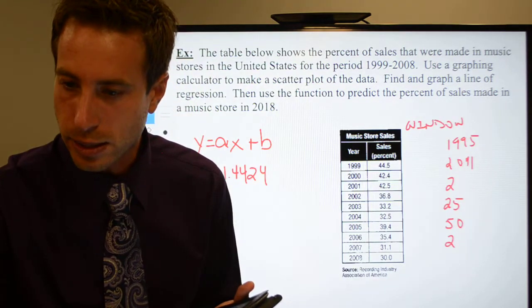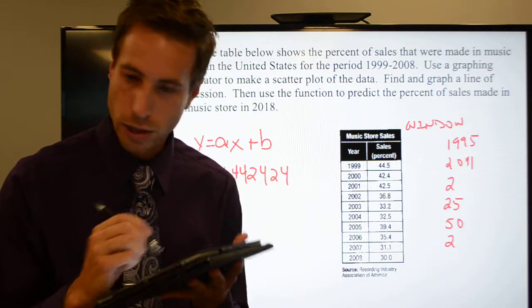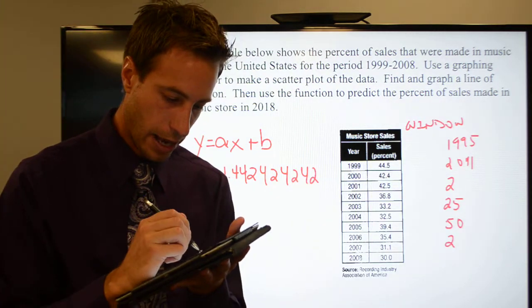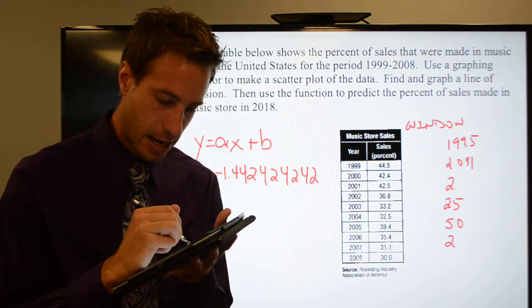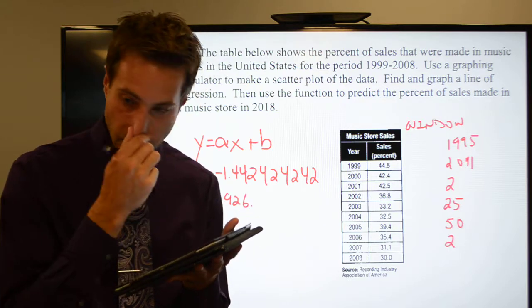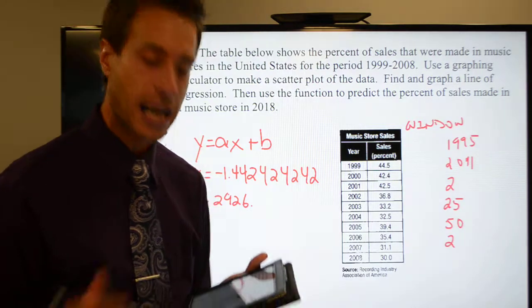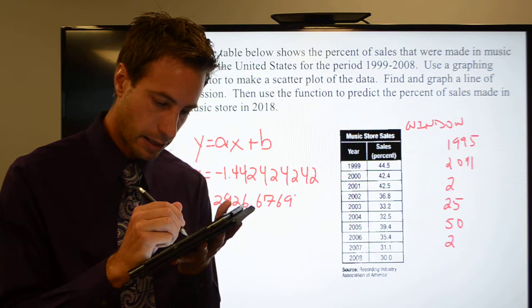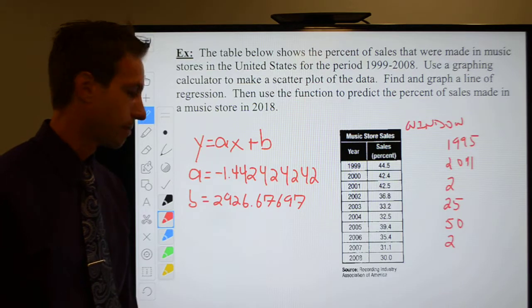And my B, which is the y-intercept, is 2926.67697. That should be what you got when you did your regression line.